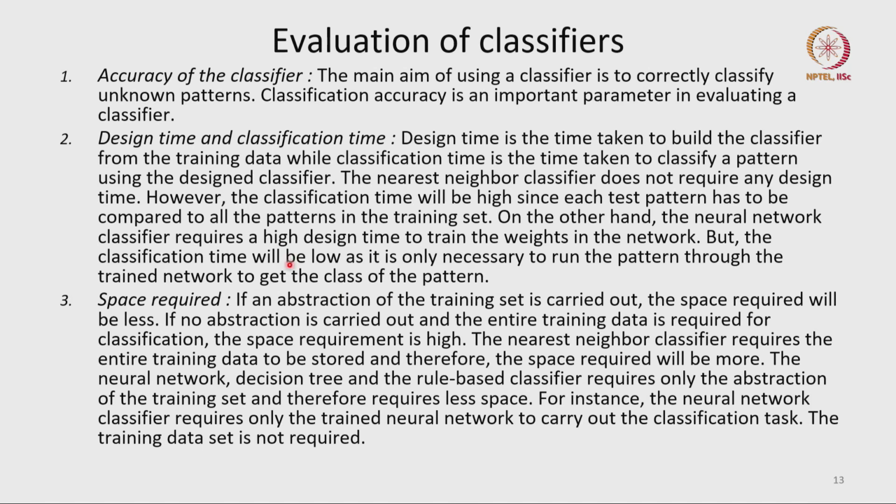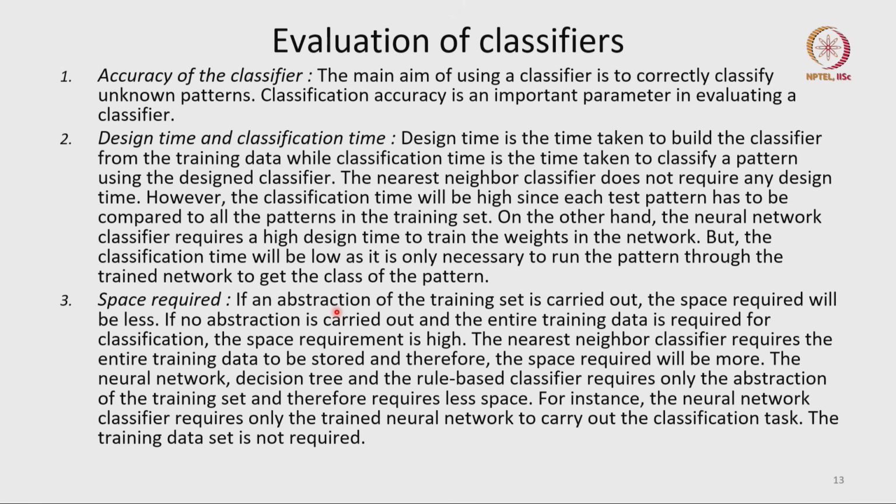The third metric is the space requirement. Suppose you are finding an abstraction of the training set and then using that, then the space requirement will be much less. For example, if we take the neural network, you are taking the training data that you have, and the abstraction just consists of a neural network with all the weights which are there in it.